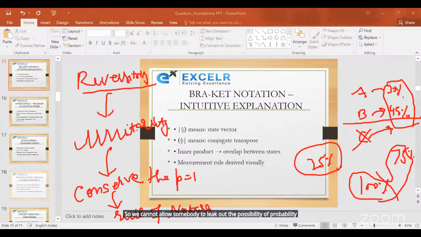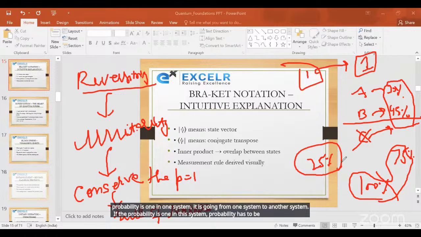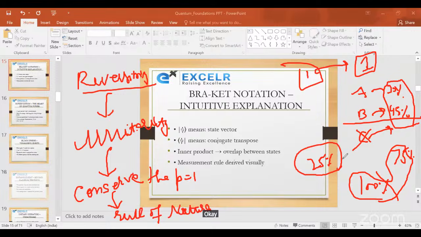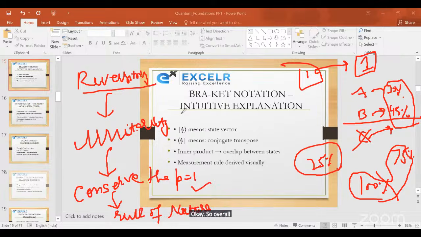If the probability is one in one system, going from one system to another system, the probability has to be one in the other system as well. To conserve the probability is the rule of nature, which gives us the unitary, which gives us the reversibility. So overall, these are the total concepts of reversibility and unitary.